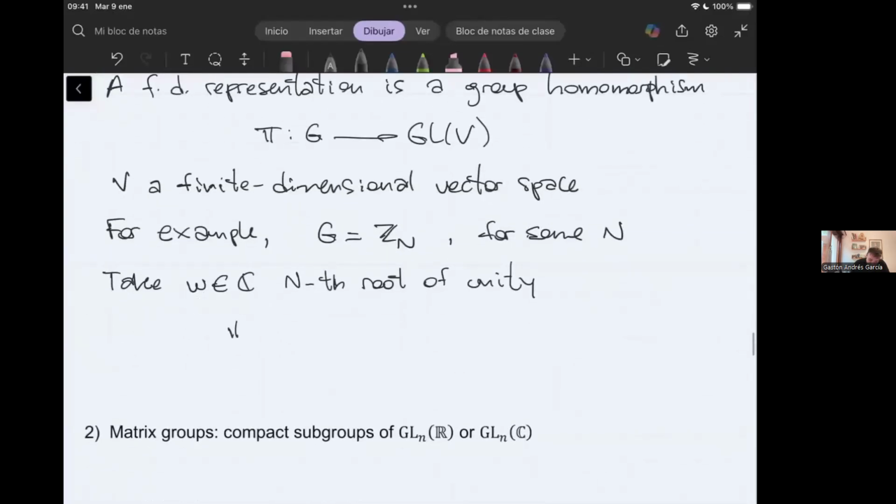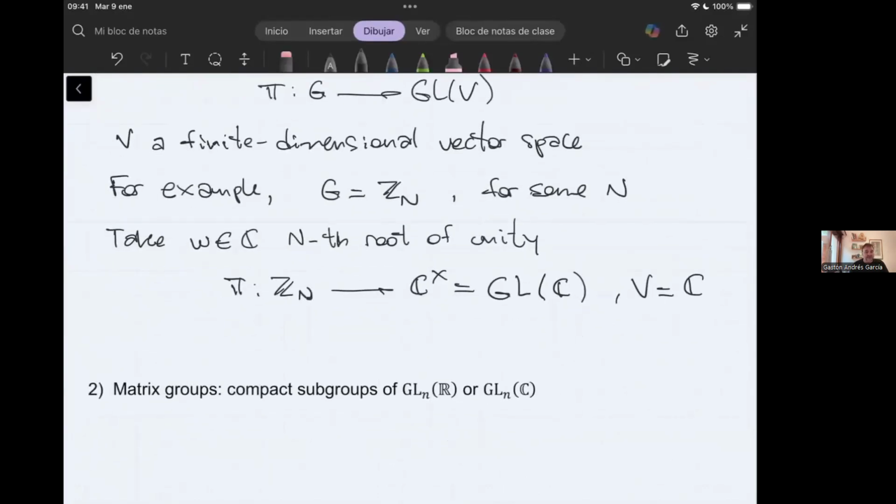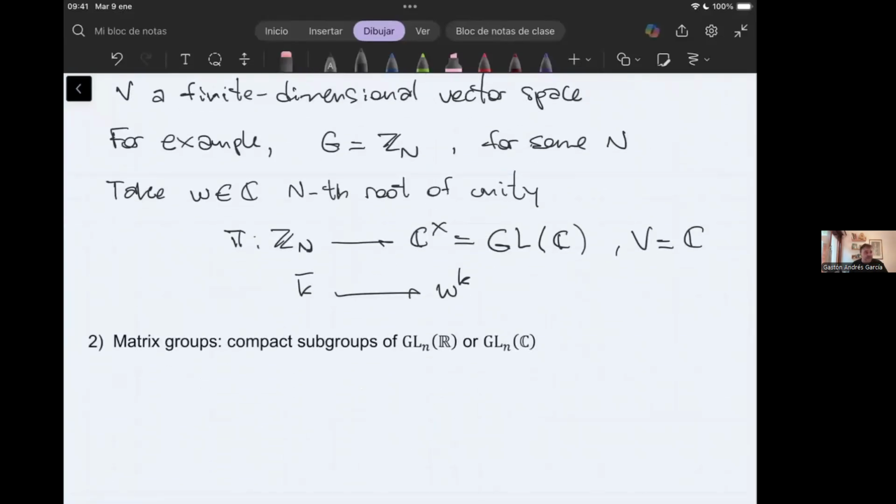And we take pi to be the map from C_n to C star, where C star are the invertible linear maps from C to C. So here we are considering V just as the complex numbers, a very easy one-dimensional vector space. The representation is given by: we take any integer modulo n, let's call it k, and we send it to omega to the k. And this gives us a representation.